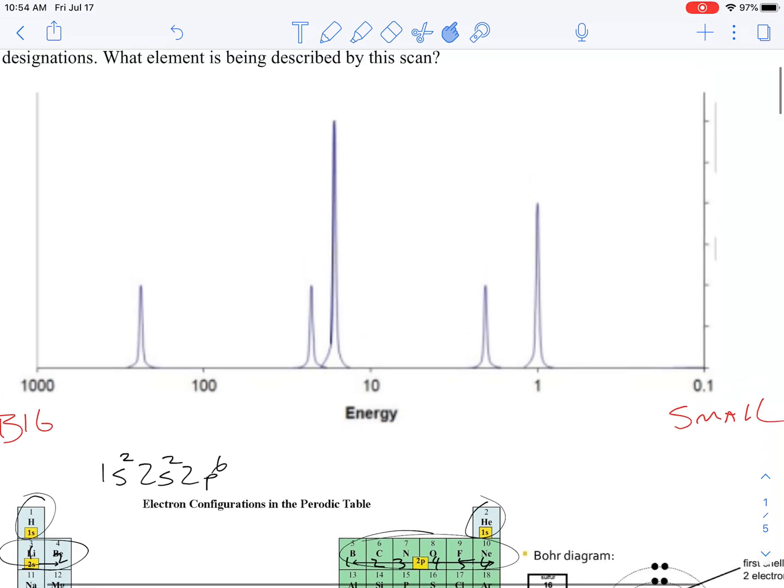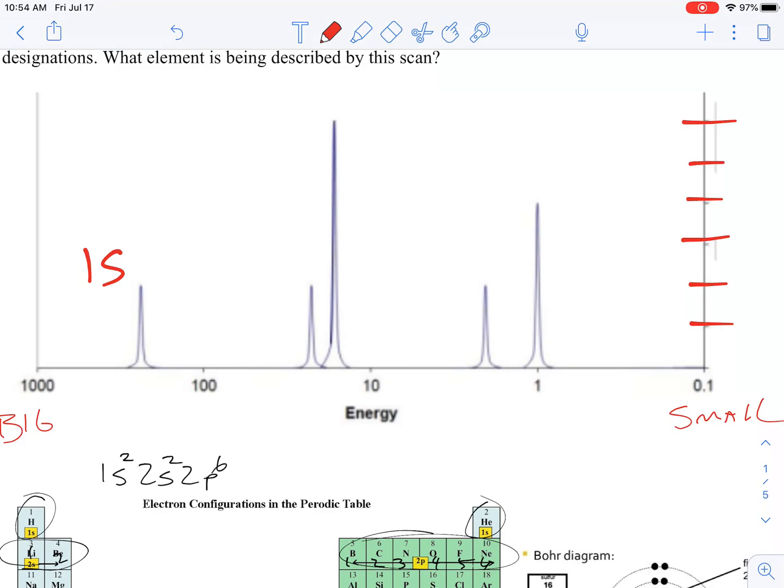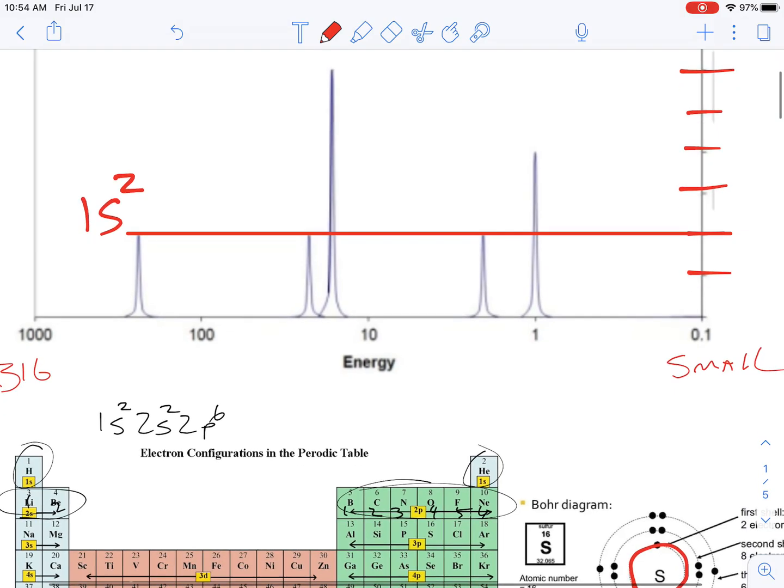So consequently, knowing that big is over here, this is going to be your 1s, and you'll notice over here you've got little dashes, 1, 2, 3, 4, 5, and 6, like so, and you can tell that this guy here is in the 2 zone here, like so. So this is going to be 1s2. So that's the first ones that are there.